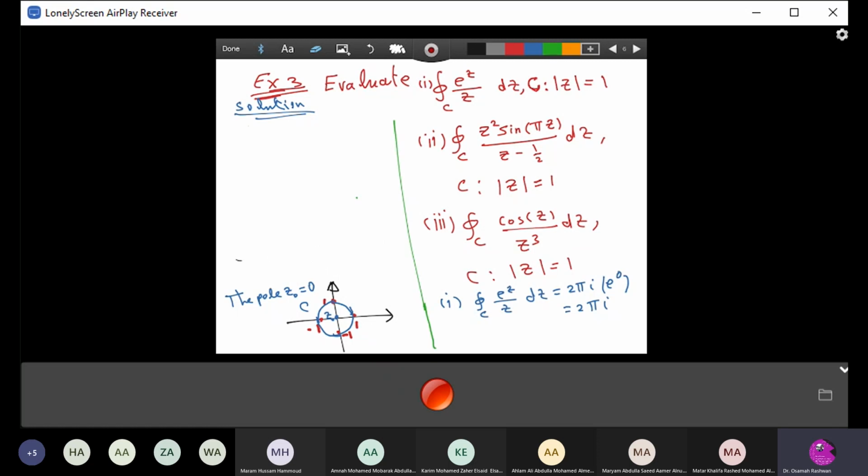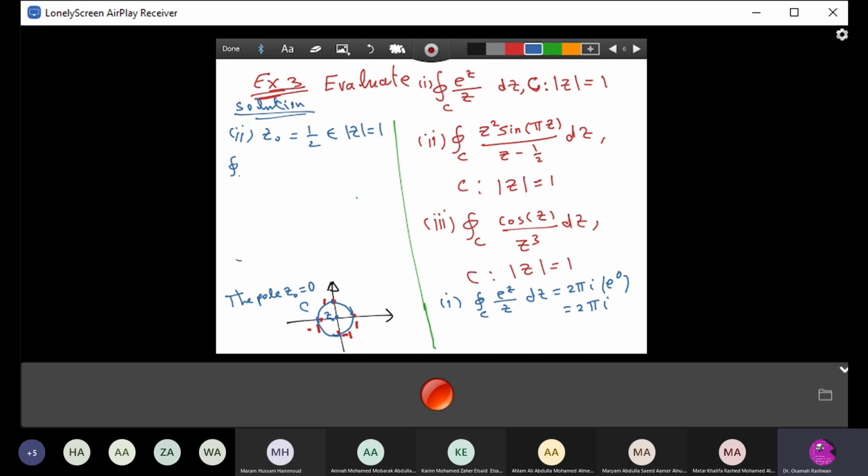No need to write this one all the time, just okay. Let's go for number 2. What is Z naught? It is half, right? This half is inside absolute value of Z equal to 1. Okay, so I can go for Cauchy integration.